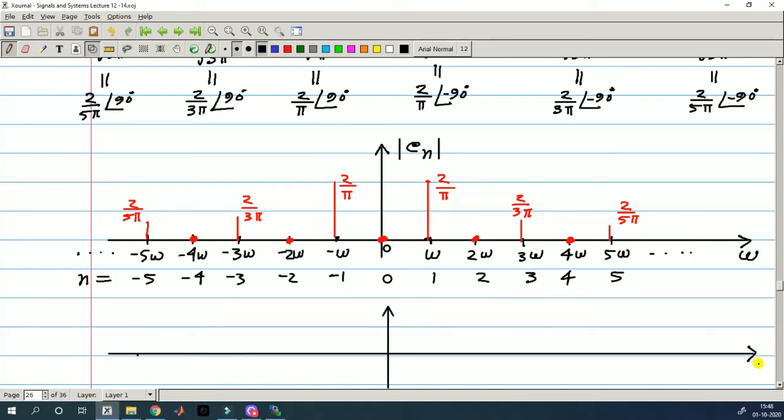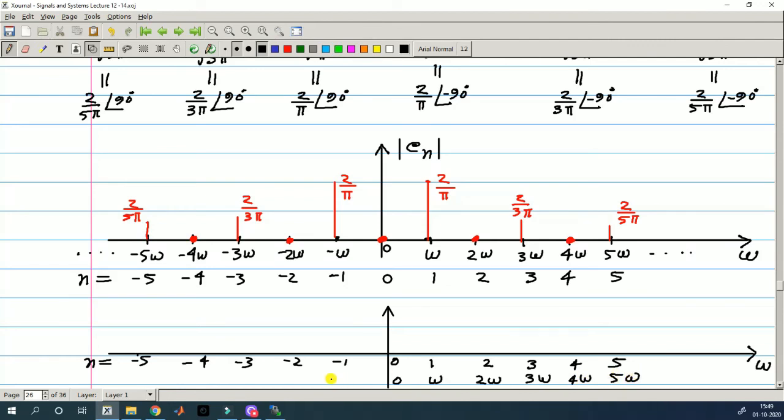Okay, in the same way we will draw another graph with the x-axis as the frequency. And we will mark n equal to 0, 1, 2, 3, 4, 5, minus 1, 2, 3, 4, 5. These are the values of n, and correspondingly the frequencies are 0, omega, 2 omega, 3 omega, 4 omega, and 5 omega.